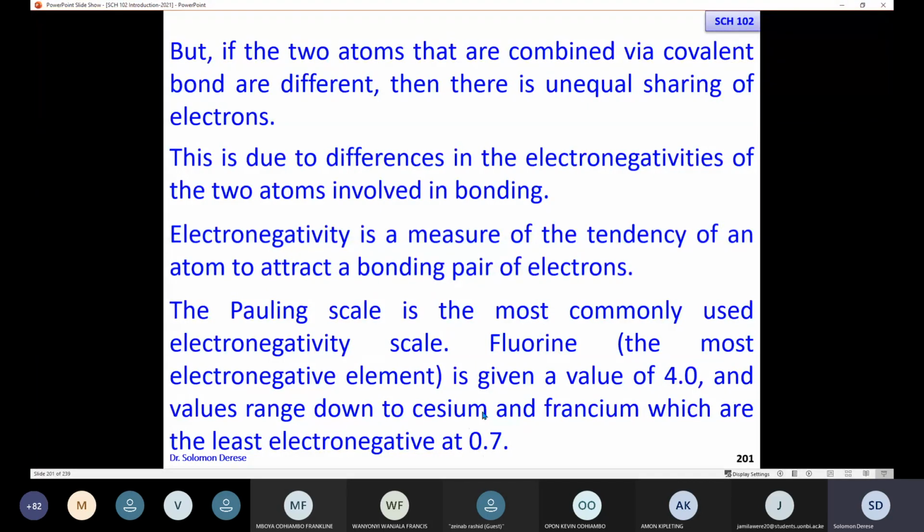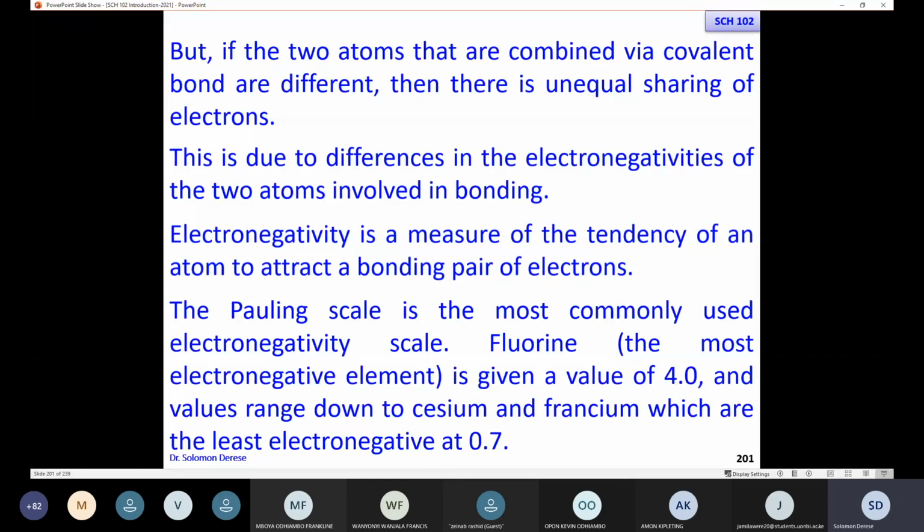So fluorine, the most electronegative element, has an electronegativity of 4.0, and the electronegativity values range from 4 all the way to 0.7. So the alkali metals, lithium, sodium, potassium, cesium, francium, those ones have the least electronegativities, while fluorine, chlorine, bromine, iodine, those ones are the most electronegative elements.